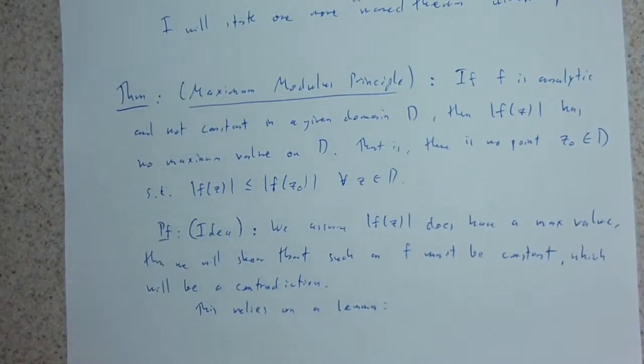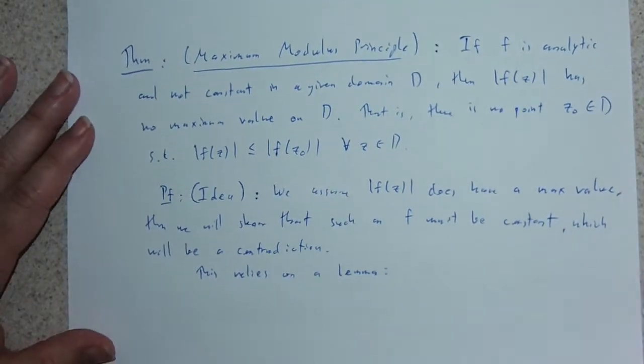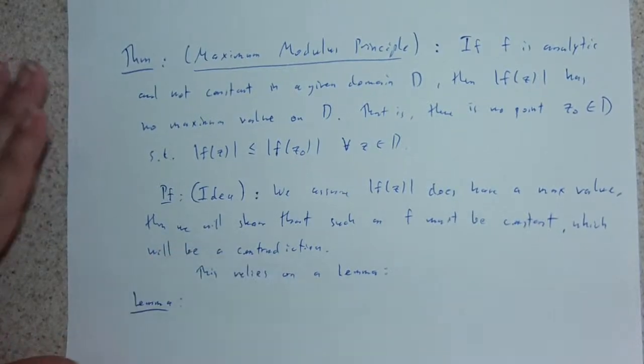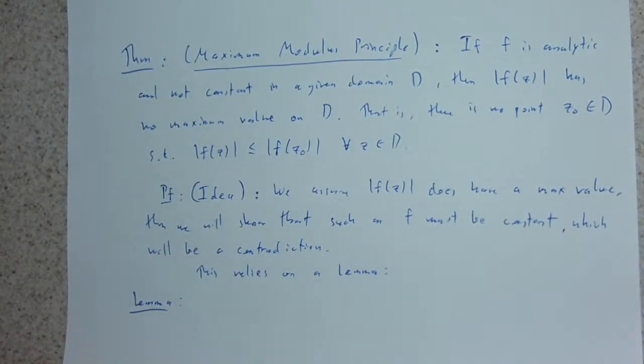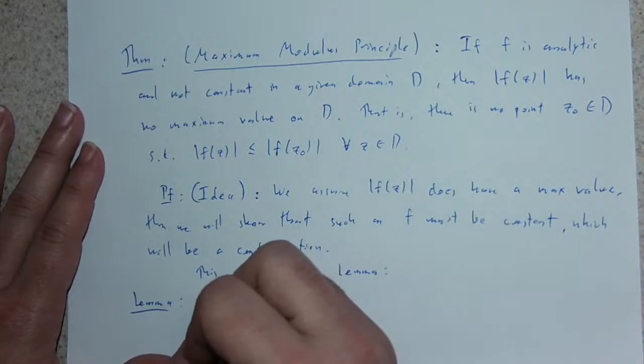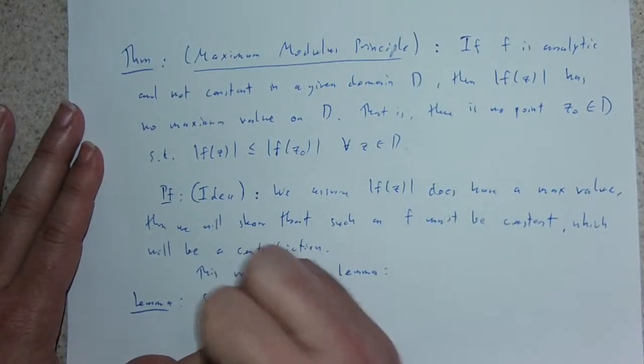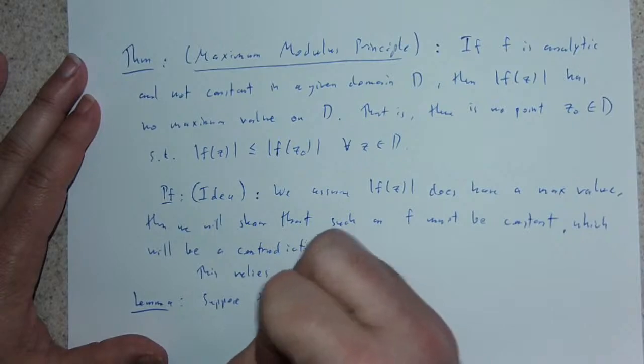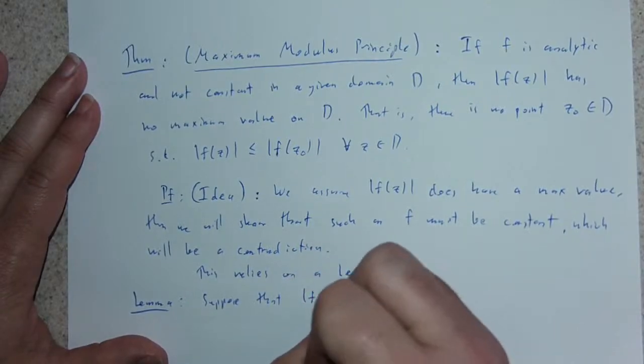Okay, which is independently of some interest. So what does the lemma say? Suppose that we do have a maximum for a modulus.